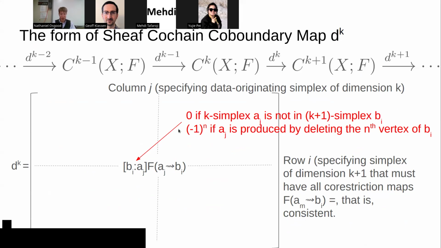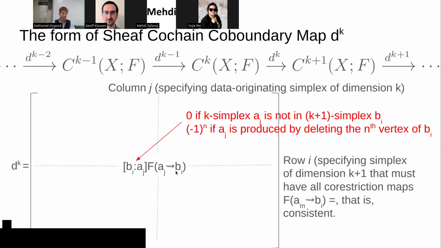So the idea is that we have this big matrix, and it's going to have entries either +1 or -1 or 0. Most of it's going to be sparse, but column J is going to specify the possible face of B that we're considering.